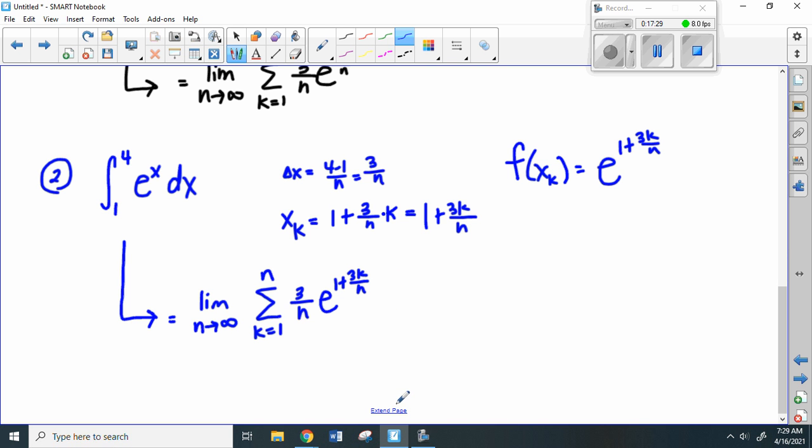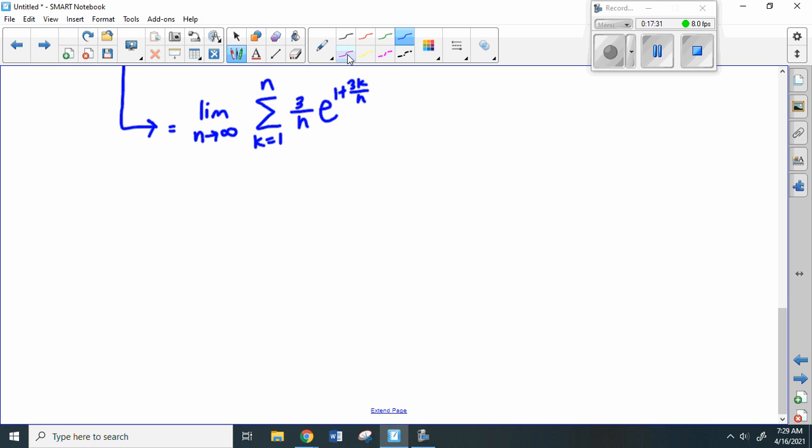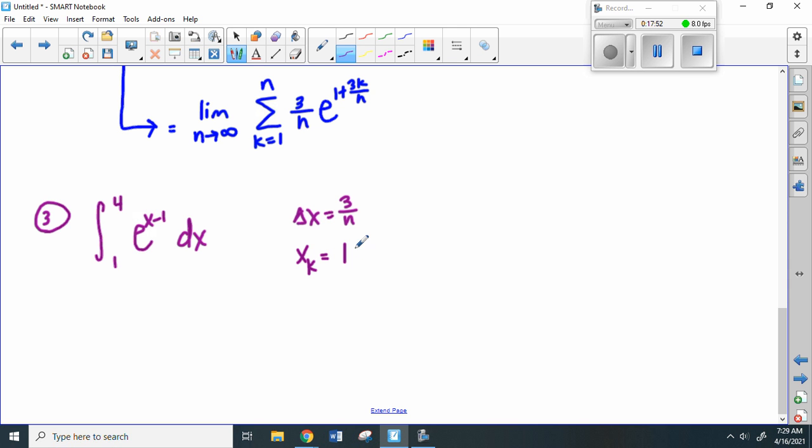All right, and let me do it one more time with an e, because I want to show you something. If I go from 1 to 4, but I change it to e to the x minus 1 dx, and I redo everything, I know my delta x is still going to be 3 over n. I know my x sub k is still going to be 1 plus 3 over n times k.